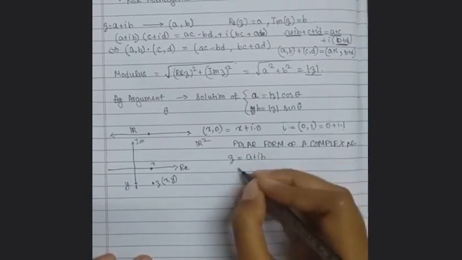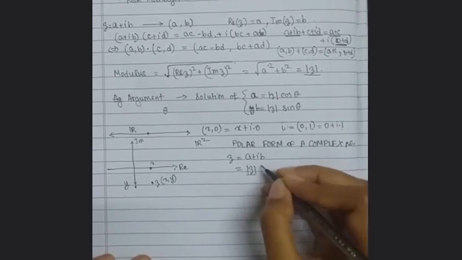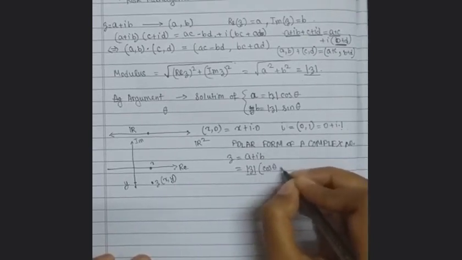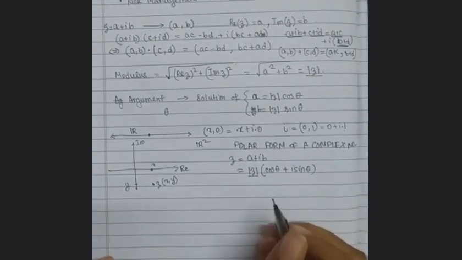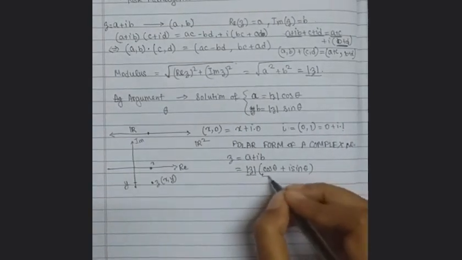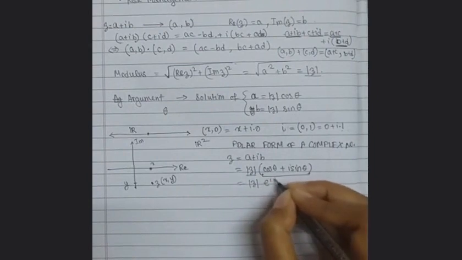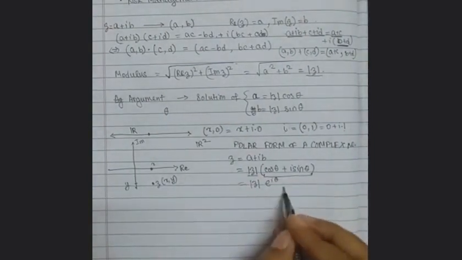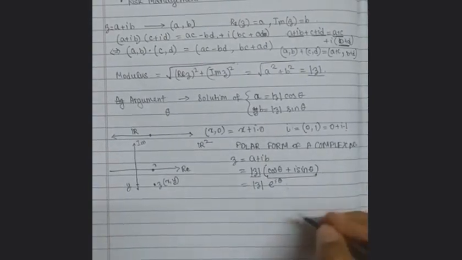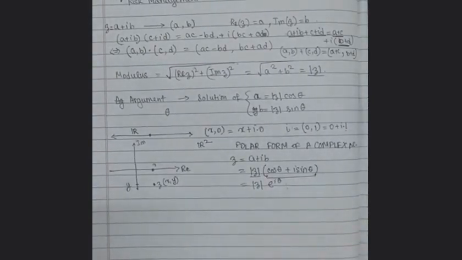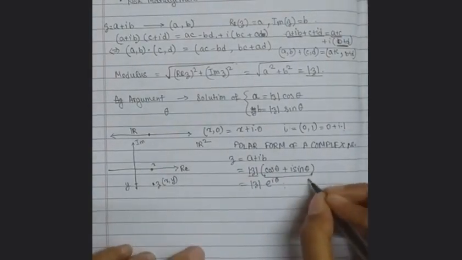And we can write it as the modulus into cos theta plus i sin theta, and this can be just written as mod z e^(i theta). This is called the polar form of a complex number, and in general the polar form is the more used because we can see more clearly on it, right?